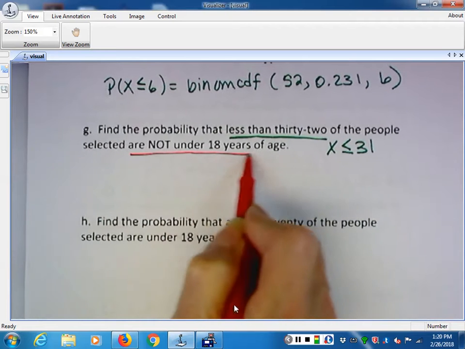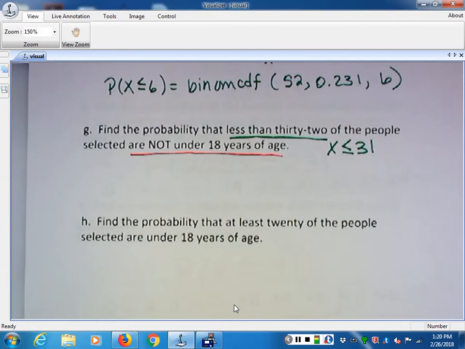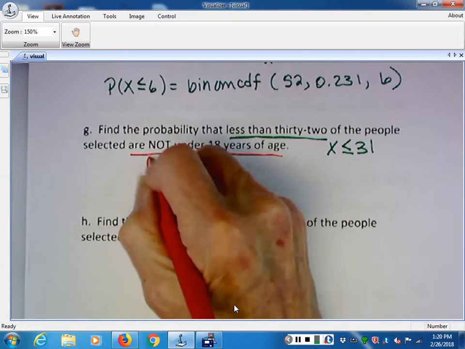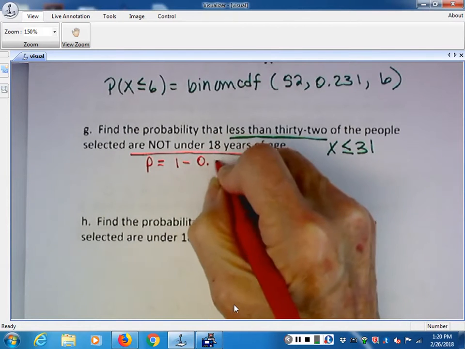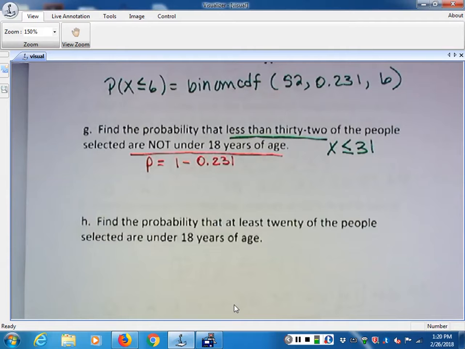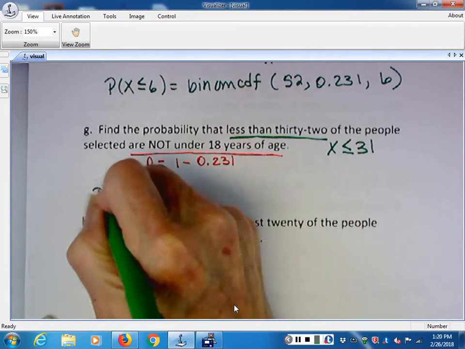Are not under 18 years of age. What changed? The probability. Percent. Now, you can go ahead and calculate that before you do the problem, or you can do it this way.